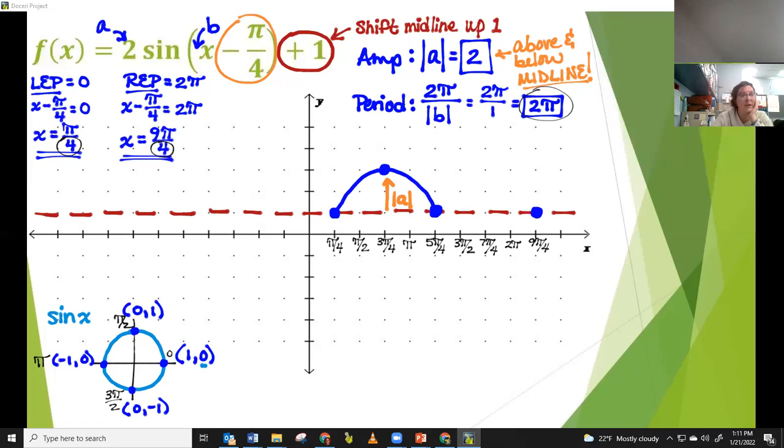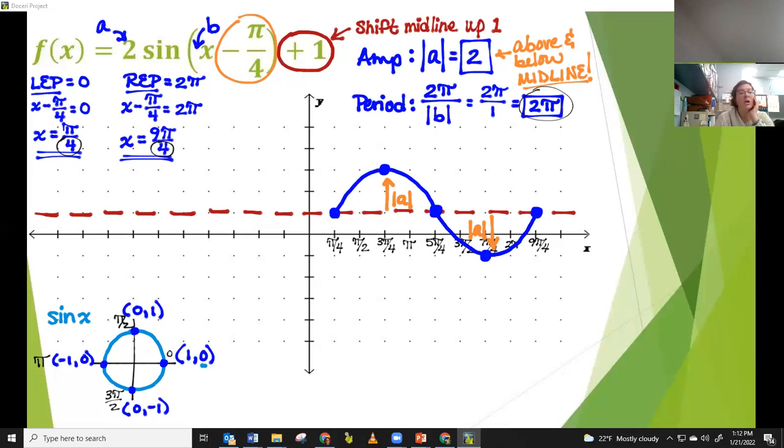Where's my next point going to go so that I can finish out one full period? Seven pi over 4 and -1. Yes. Because remember, I'm going 2 units away from the midline, not from the x-axis.